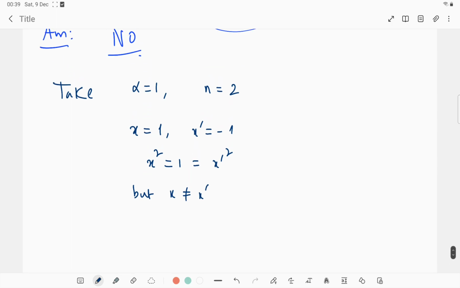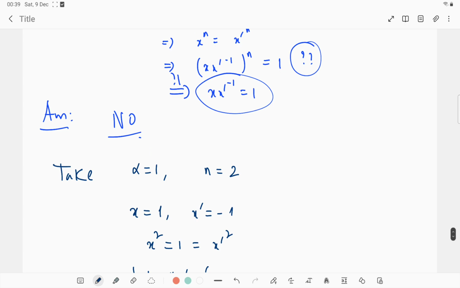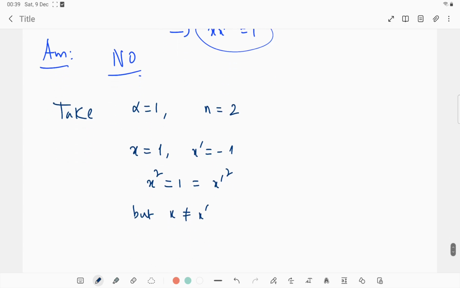So it means that uniqueness is not guaranteed.